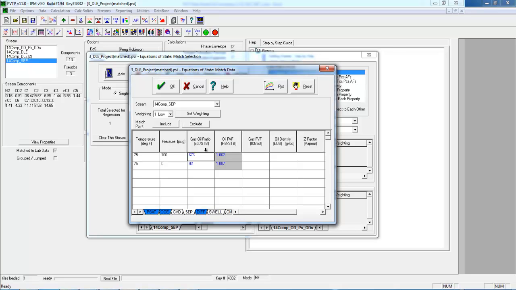So that's why when we matched this, we found this is matched. But you have to determine which one is the main objective for me, and which is the second objective. So here, relative volume, it's matched by matching oil density. So we will not include this.